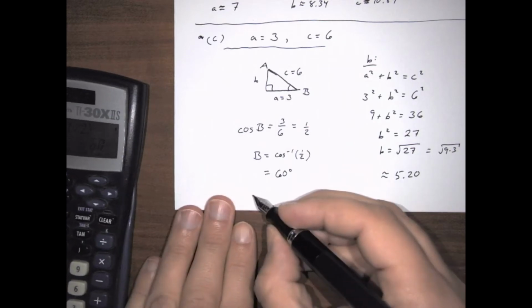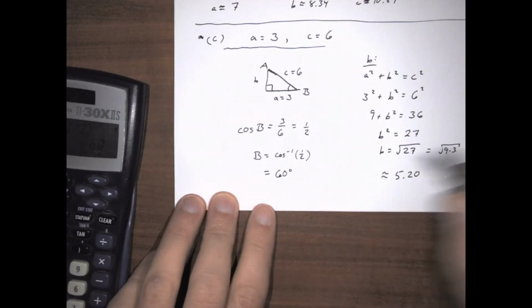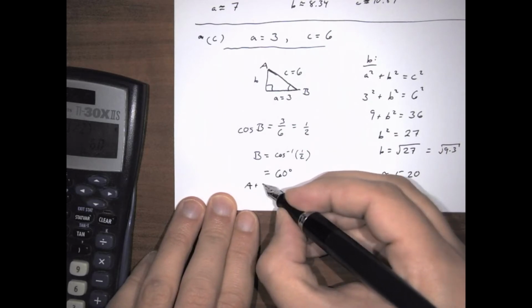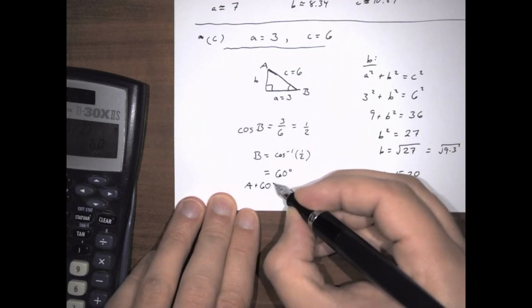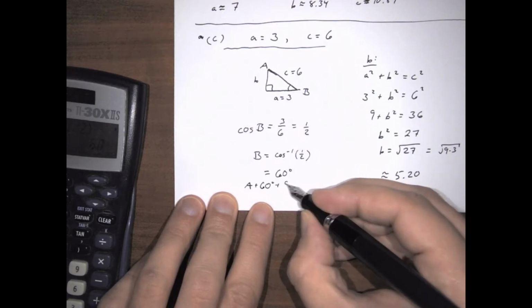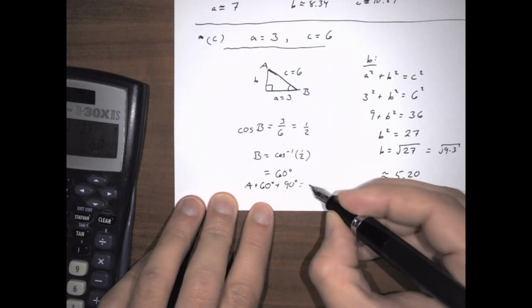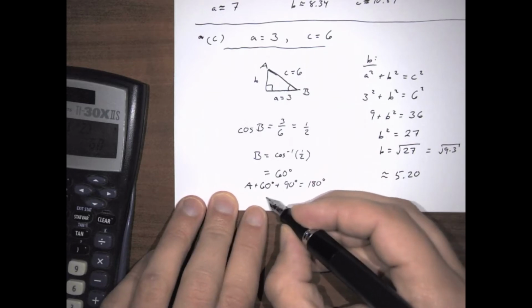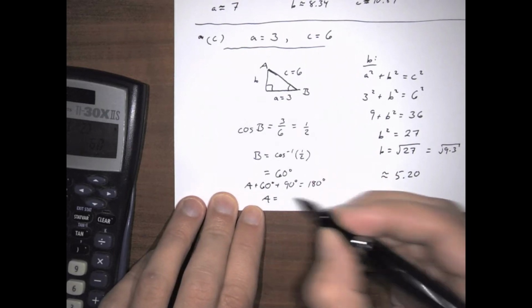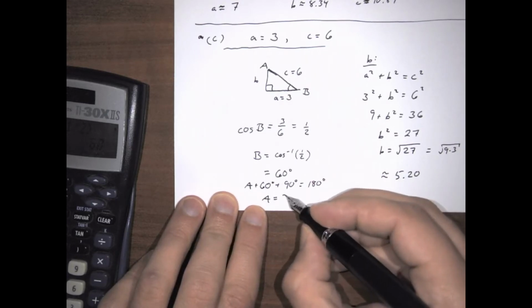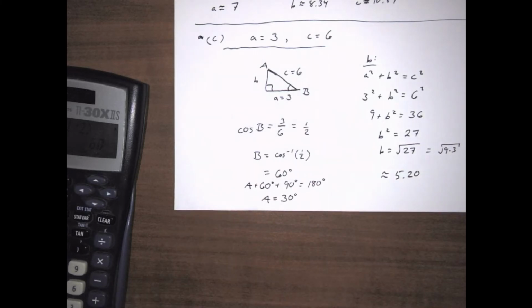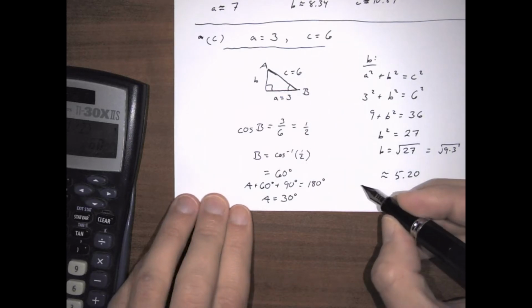And then if I want the A, so then A plus 60 degrees plus 90 degrees equals 180. So that means that this adds up to 150, so A has to equal what's left over, which is 30. And it makes sense, a 30-60-90 triangle is famous. Okay, so that's all the pieces.